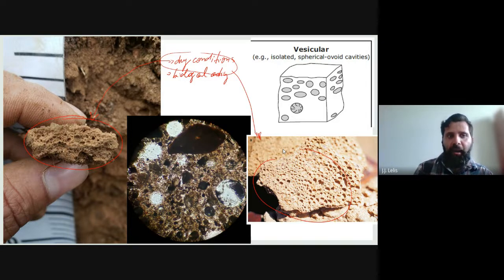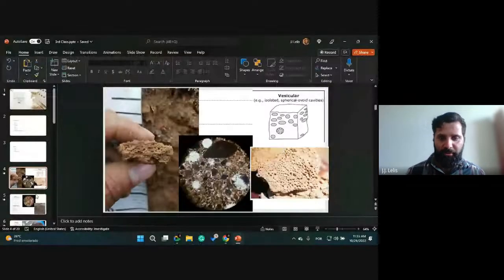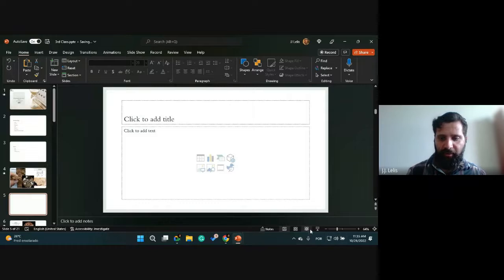But how could this type of void be formed in dry conditions? Let me show you. I need to draw this. Let me add a new slide, so I think that will be easier. Okay, here.